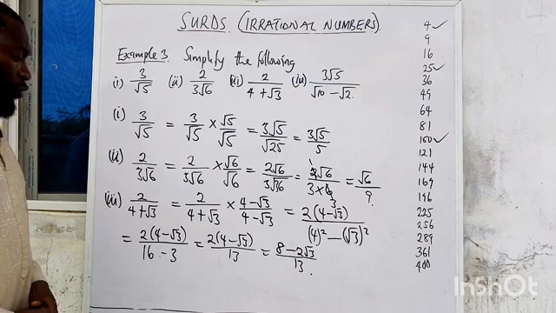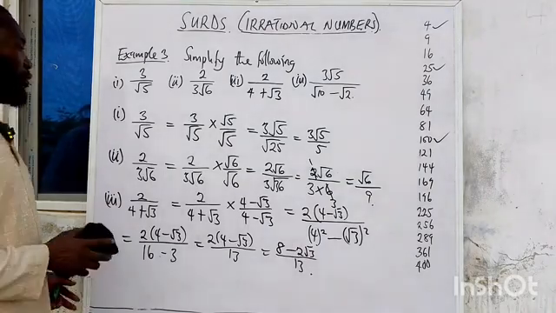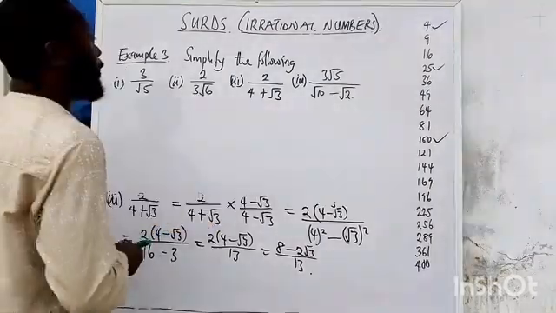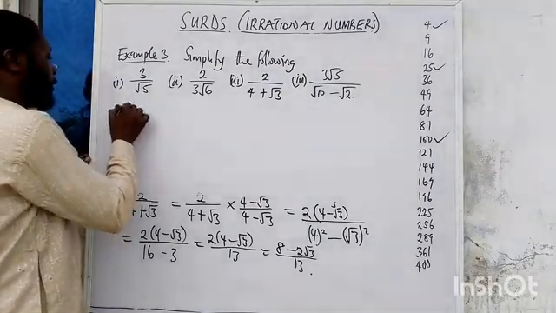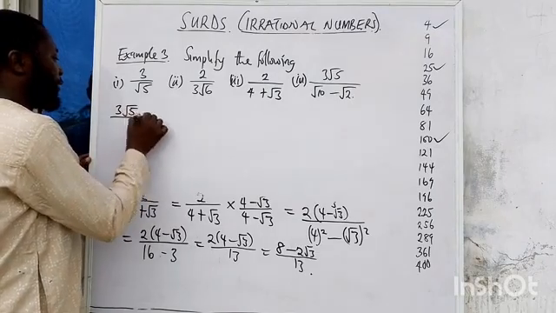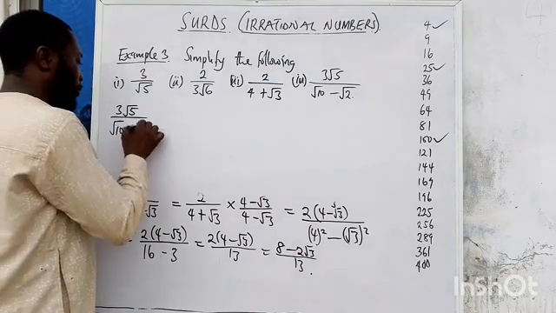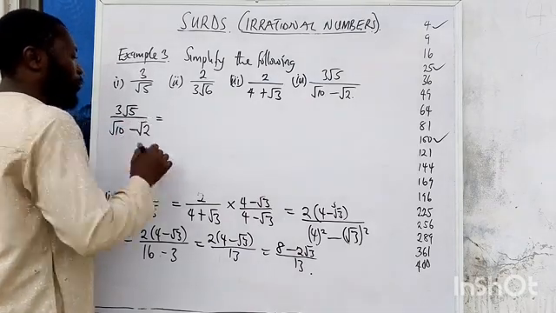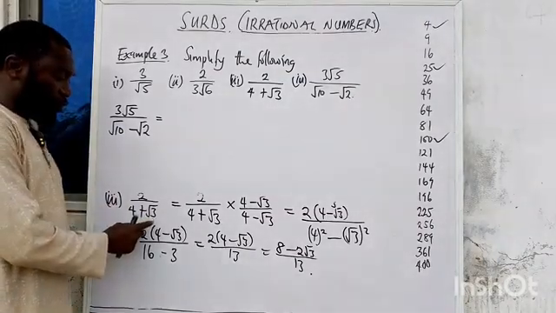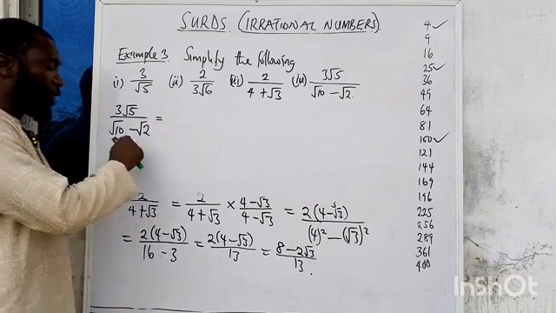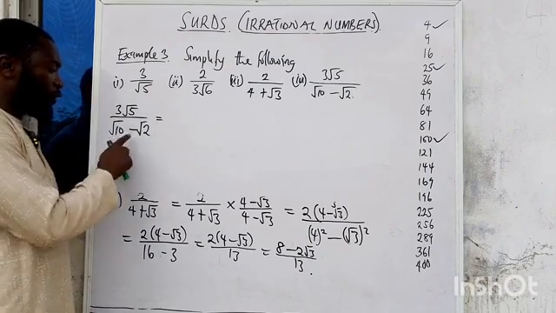Now, let's consider the last question. We have 3 root 5 divided by square root of 10 minus square root of 2. Just like this example, you rationalize again because you have a surd in the denominator. And here you have a difference of 2 surds.